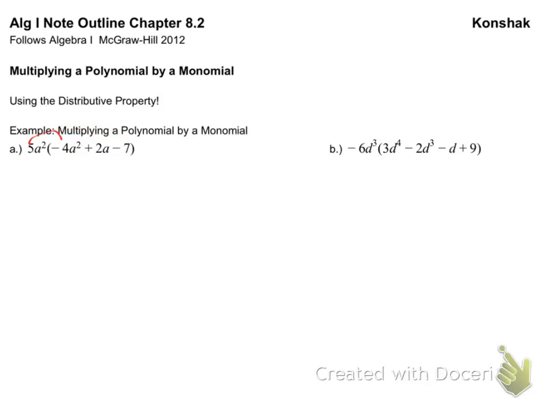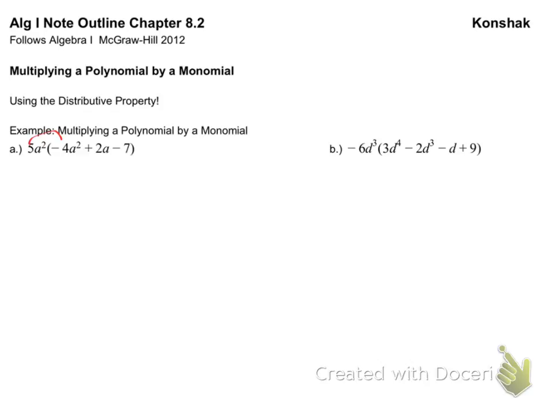So in this case, I'll do 5a squared times negative 4a squared. Remember, when you're multiplying two terms together, you can take the coefficients and multiply those, and then take the variables and multiply those. You need to know your exponent rules.